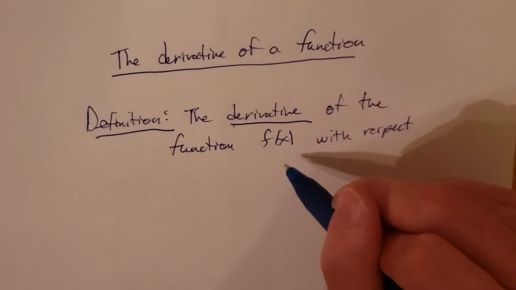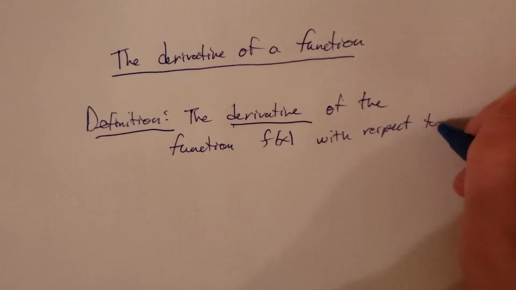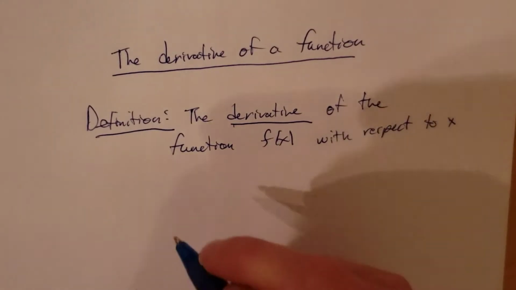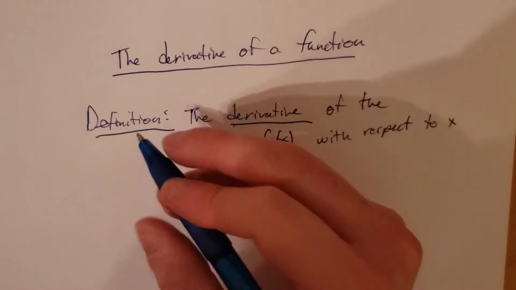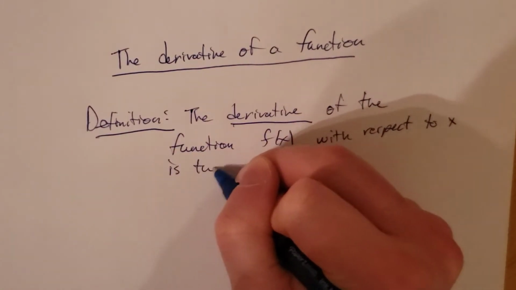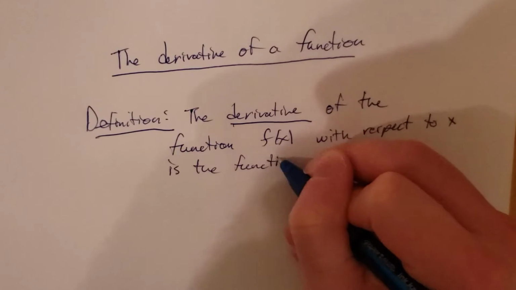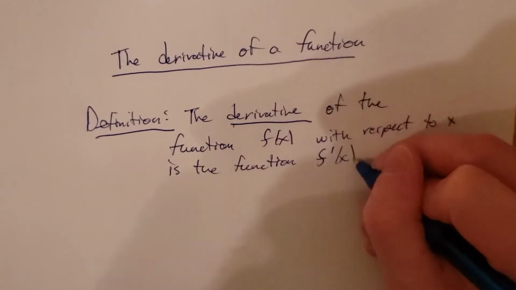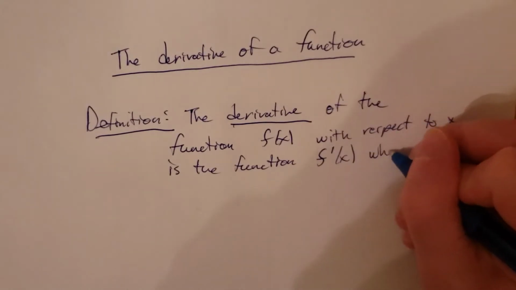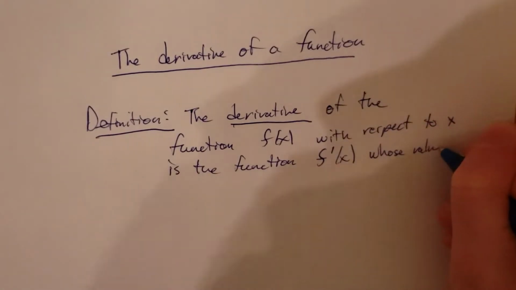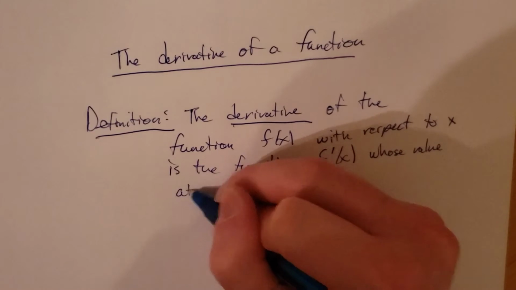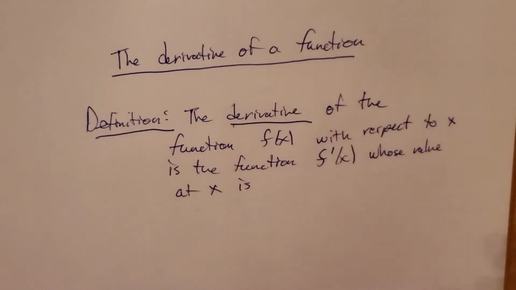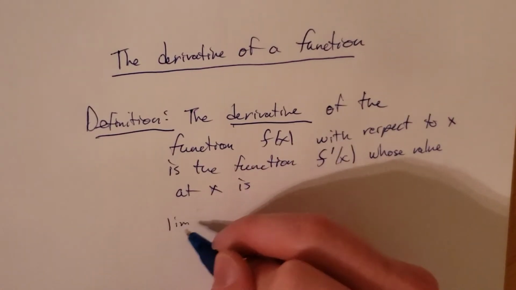So the derivative of the function f of x with respect to x is the function f prime of x, whose value at x is, and it is that limit that we had before.